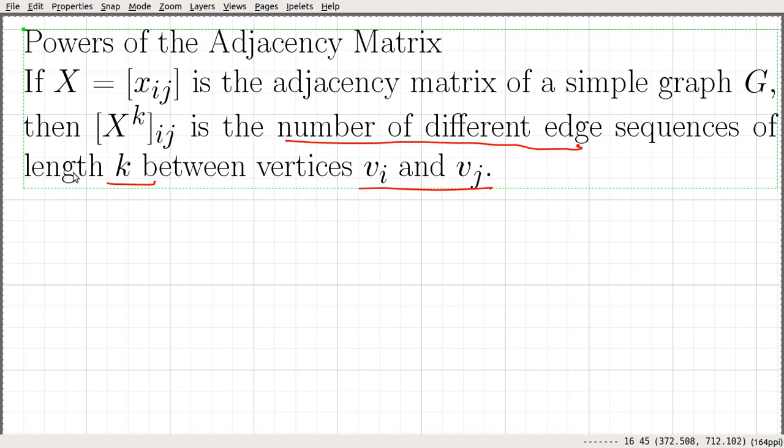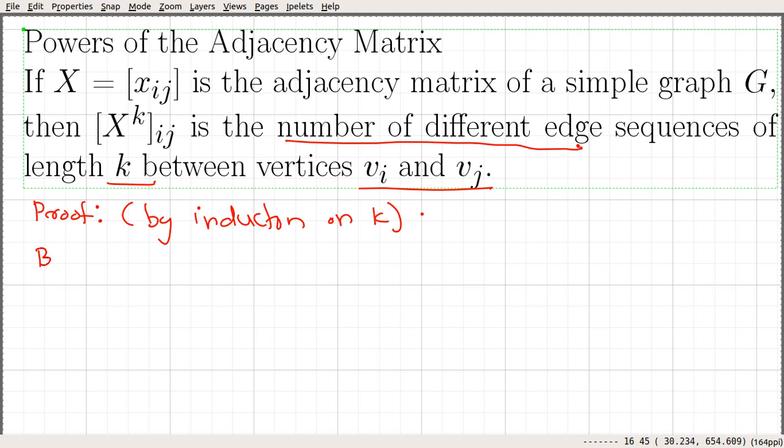Okay, so let's go and prove this theorem. So the proof is by induction, mathematical induction, on the parameter k.